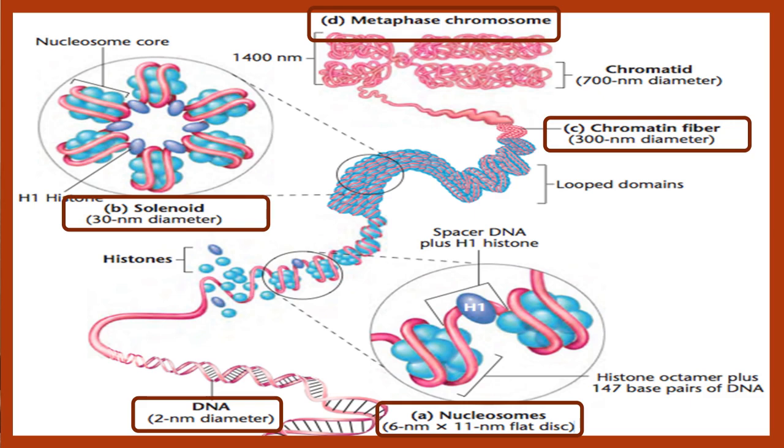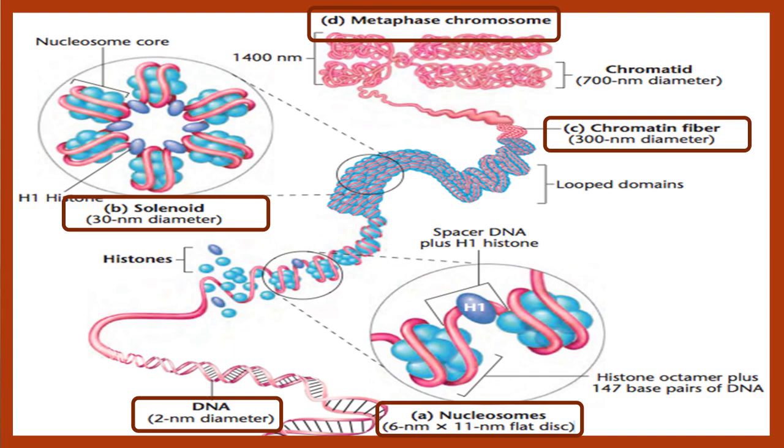This 30 nanometer solenoid structure is arranged in zigzag fibrous structures called the chromatin fiber, whose diameter is 300 nanometer. This chromatin fiber ultimately forms the DNA structure which we normally see during cell replication, in metaphase. That is called the metaphase chromosome, and its diameter is roughly 1400 nanometer.